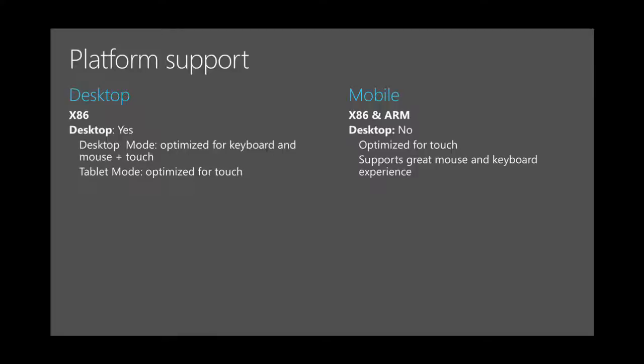So the desktop has a desktop, runs desktop apps, can run modern universal apps too, right? But the mobile device has no desktop at all. Doesn't run Win32 apps, is touch optimized first and foremost. Obviously has functionality to support a keyboard and a mouse and a larger screen.